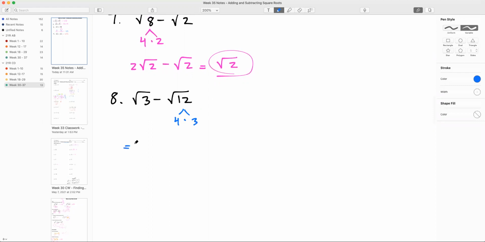So we will take that out and take the square root of the 4. It goes outside. That's a 2. 4 goes away. 3 stays in. Boom. Okay? That's how we do that. Now, we have 1 root 3 minus 2 root 3's. That means we got negative 1 root 3's, or just negative root 3. Same thing.